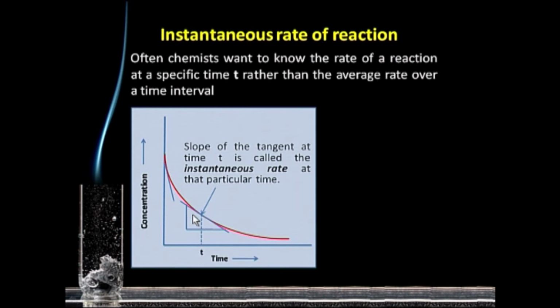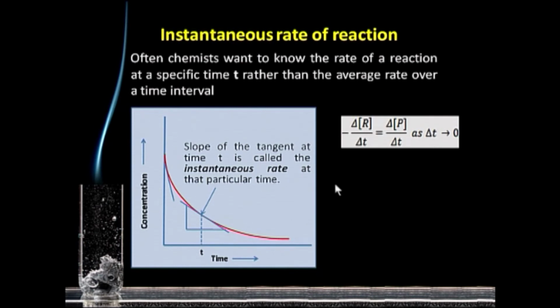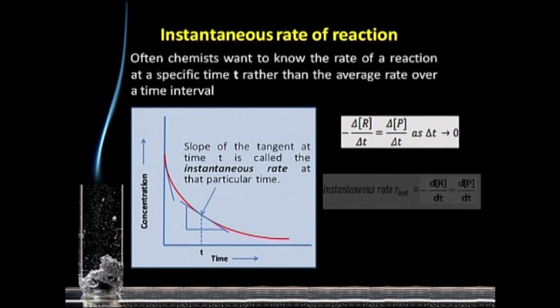At this point, draw a tangent and work out the slope or the gradient, and whatever value that you get is the instantaneous rate. To get it in the form of an equation, the same expression that we wrote earlier, except that we have to reduce the time duration to 0, delta t tends to 0. That means it should be infinitesimally small, a time derivative.